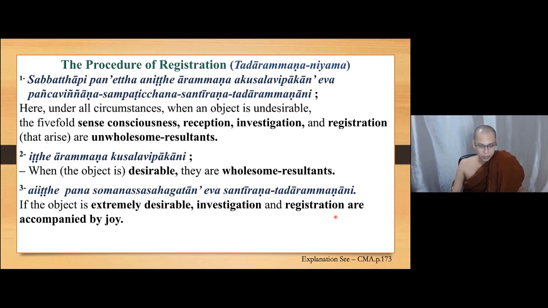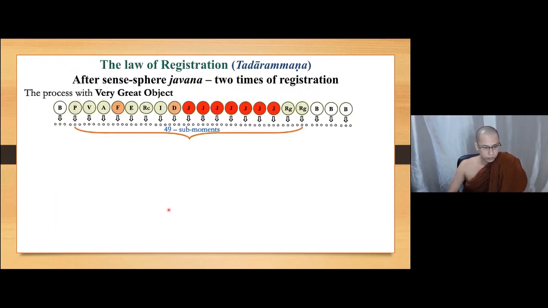Okay, so now in this slide, we study the procedure of registration, which is identified by the objects: undesirable object, desirable object, and extremely desirable object. Here you see the process which contains two moments of registration.